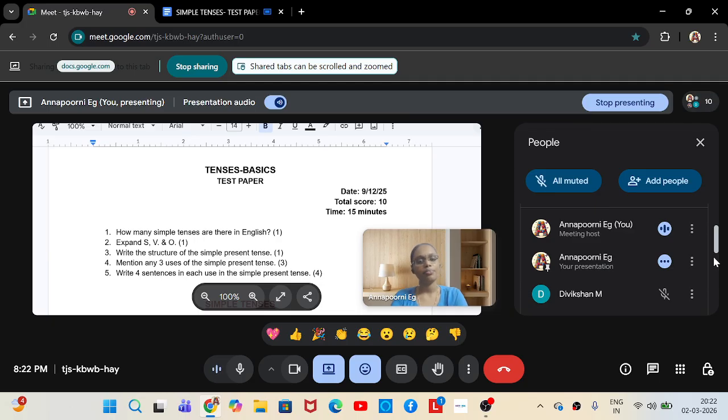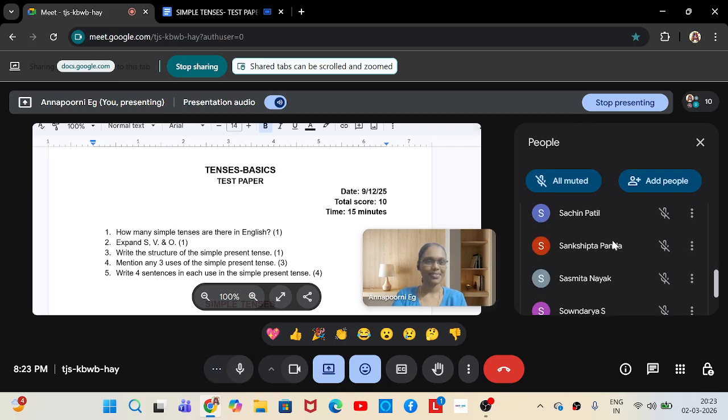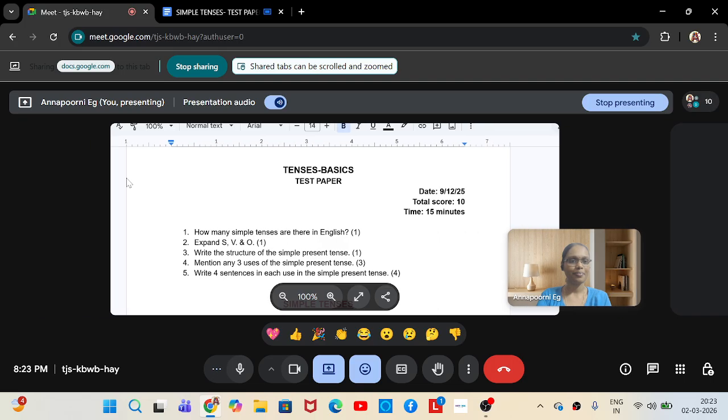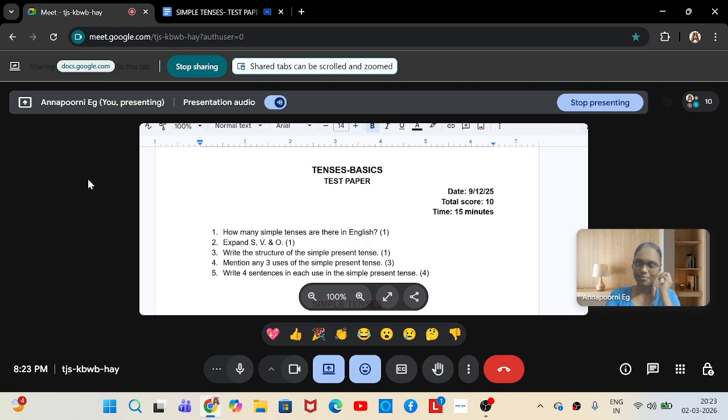Next, Divikshan, can you say the structure of present perfect continuous tense? PPC. Divikshan, are you there? No response. Okay, from there. Subject plus have, has plus verb plus ing.